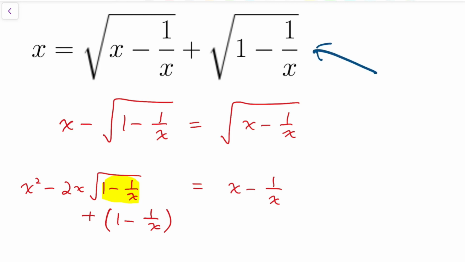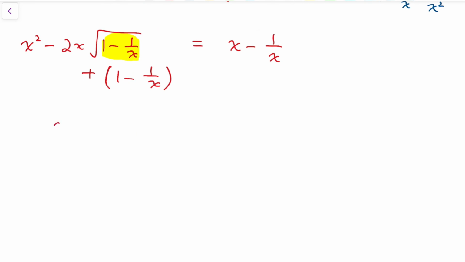But if I square both sides at the first step, then the expression inside the surd will be x minus 1 over x multiplied by 1 minus 1 over x. If you expand, you will get x minus 1 over x plus 1 over x squared, which is clearly way more complicated.